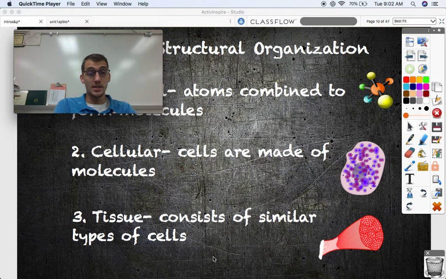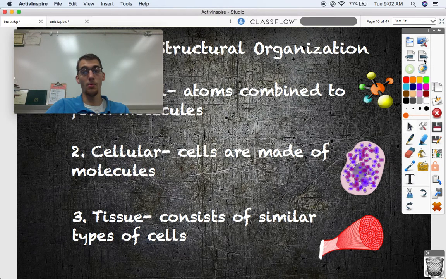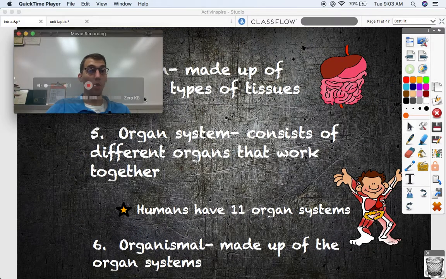But if we're studying tissues, we could be talking about epithelial tissue, like stratified squamous epithelial tissue, or dense regular connective tissue, smooth muscle, cardiac muscle. Those are all different types of tissues, and several types of tissues can help make up a fully functional organ.